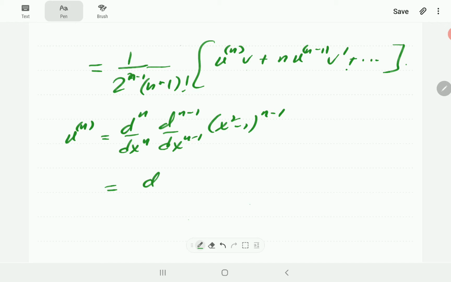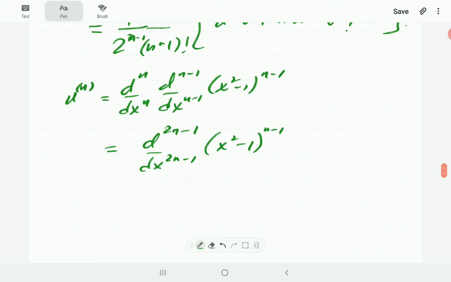And then these two operators are going to give us the 2n minus first order derivative of x squared minus 1 to the power n minus 1.